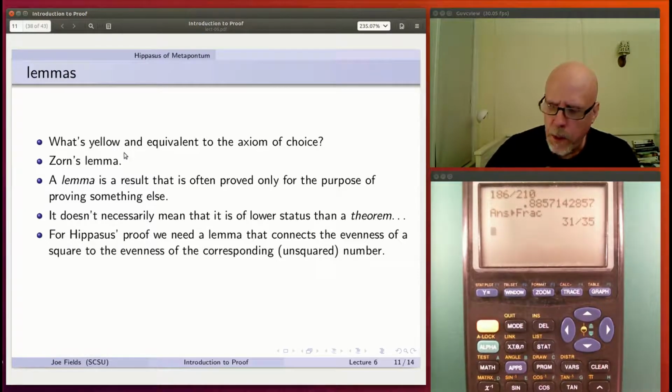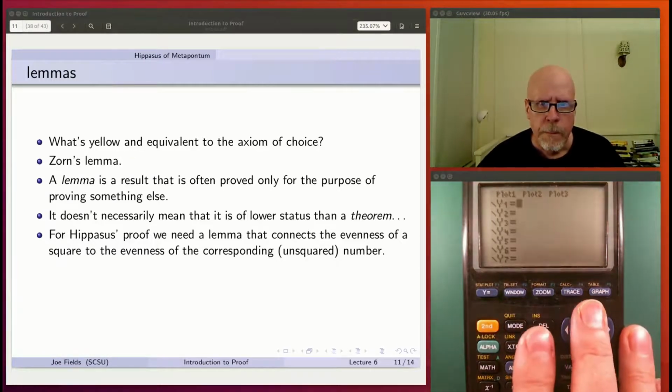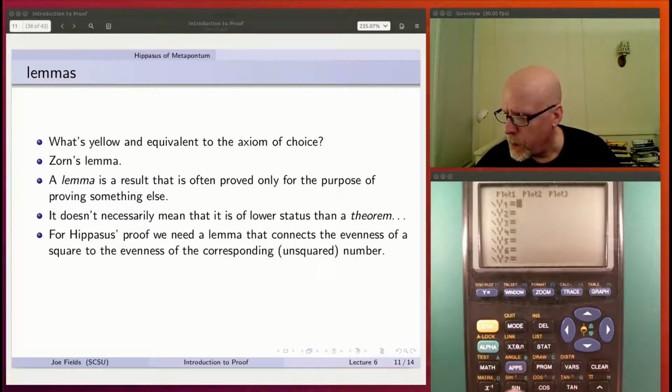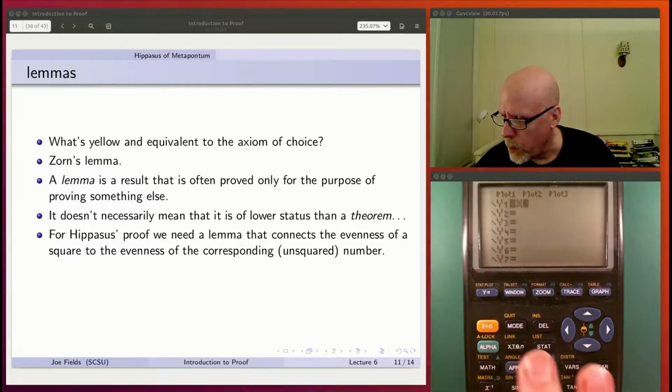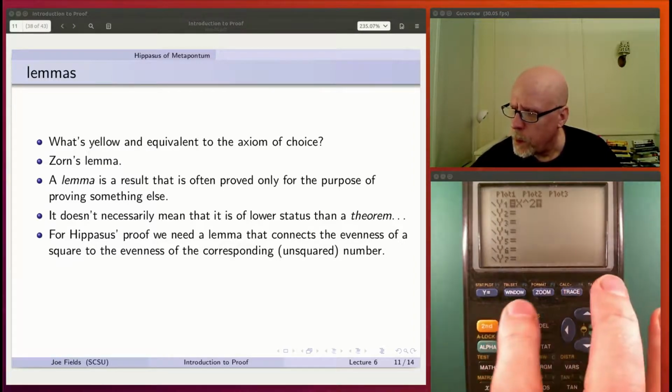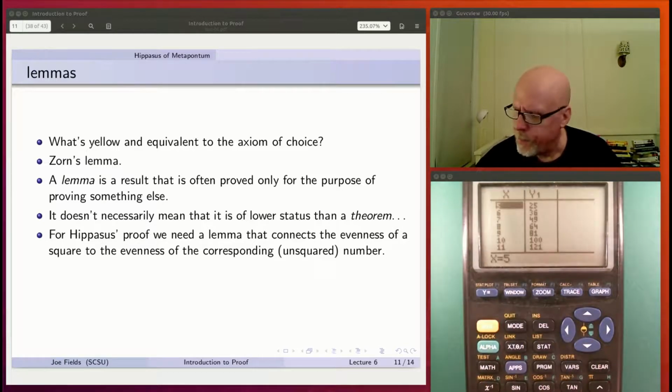Let me throw this on the calculator. All right, so I'm going to try to use the calculator's table method to let us explore this statement that we really should prove at some point. Basically, I just want to put in the function x squared. And we will look at the table. Why didn't it start at 0?